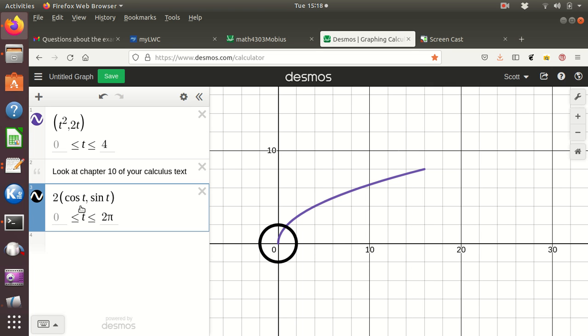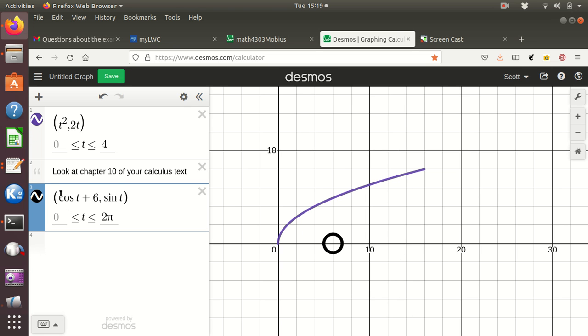And I can also, sorry, yawning, I can also add a center. So suppose I want to put the center here at 6, 4. I can say plus 6, and oh, I've got the 2 on there, so it's multiplying that by 2.